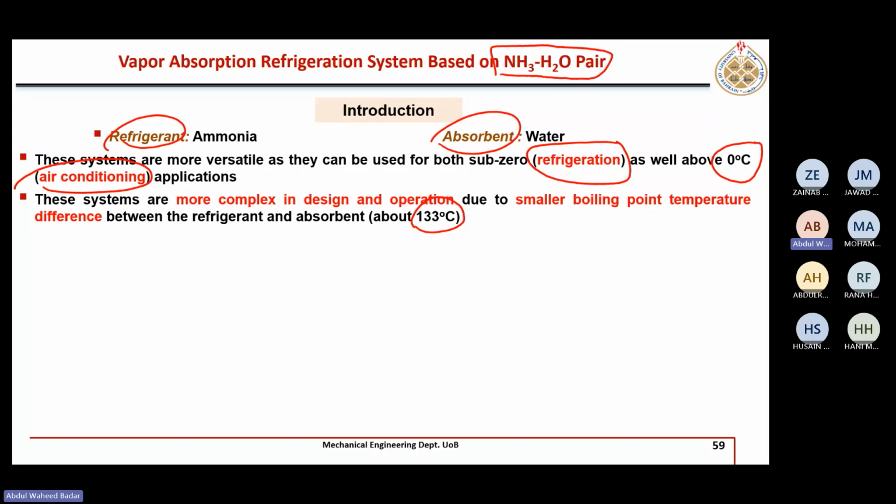So here we have this issue that always some absorbent will evaporate with ammonia. Ammonia is the refrigerant, and this is the absorbent. So that's why here we have to introduce some other components to remove water fully from ammonia before it goes into the condenser.